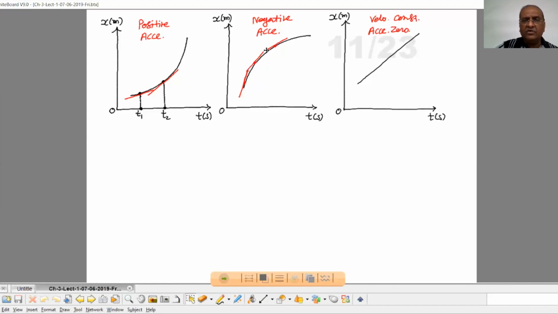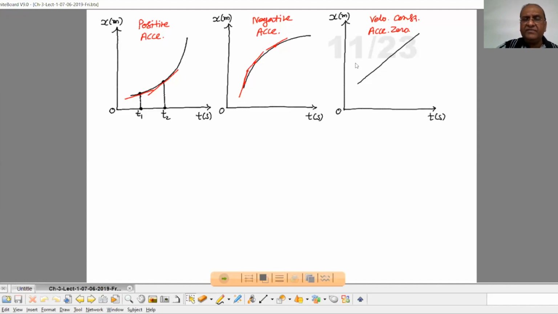So the final velocity is less than the initial one, so acceleration will be negative. Acceleration negative means the velocity is decreasing, and acceleration positive means velocity is increasing.